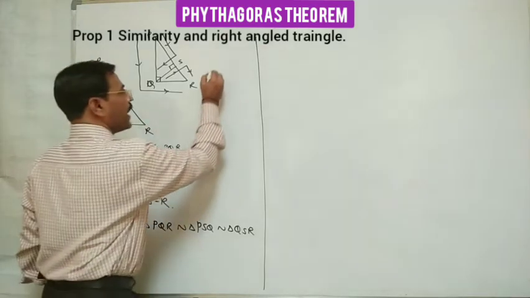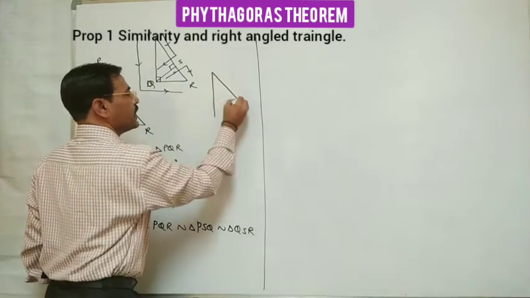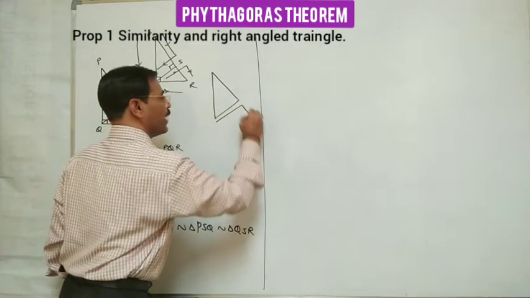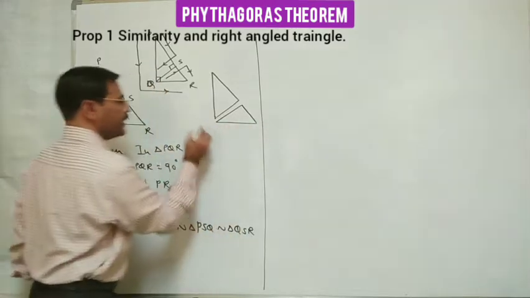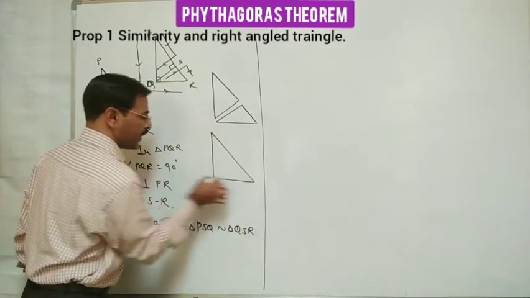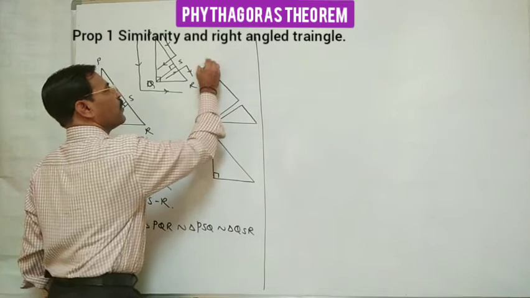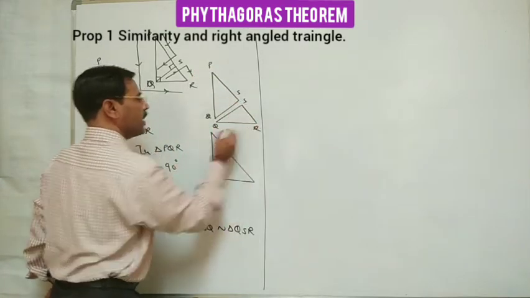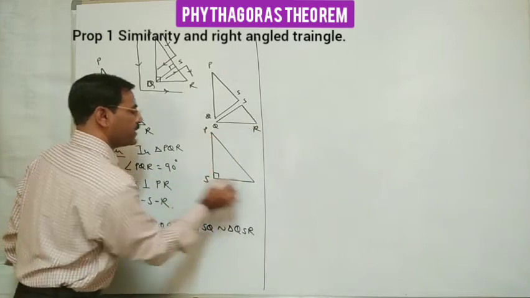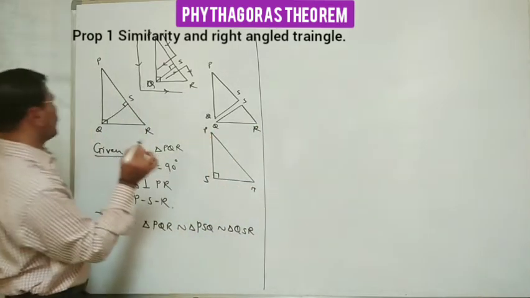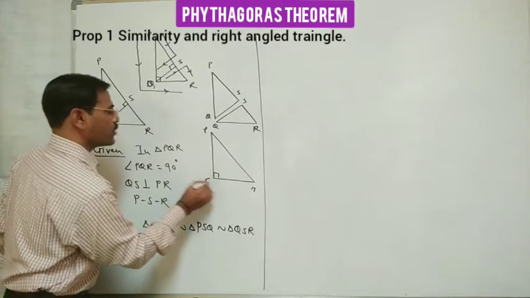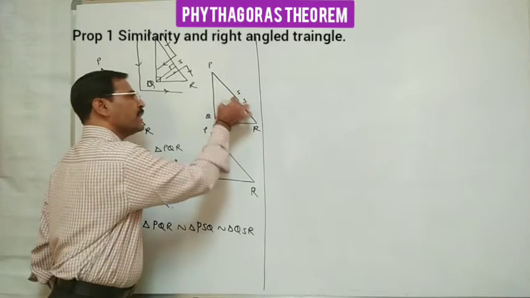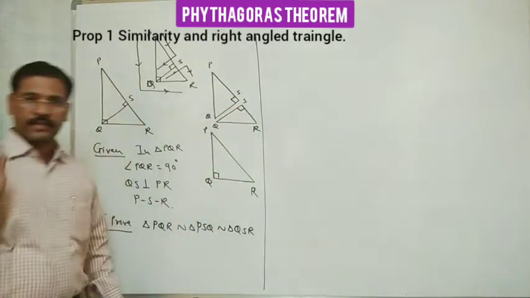This is the upward triangle, this is the downward triangle, and this is the bigger triangle. This is PQS, here it is QSR, and this is PQR. Okay friends, now all these three triangles are right-angled triangles.